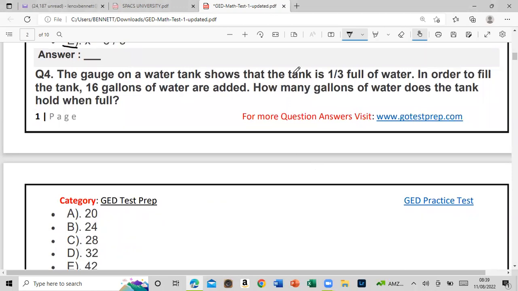Basically, what they're saying is that the tank is 1/3 full, right? In order to fill the tank, 16 gallons were added. So that means that 2/3 is equal to 16, right? 2/3 of the number is equal to 16.